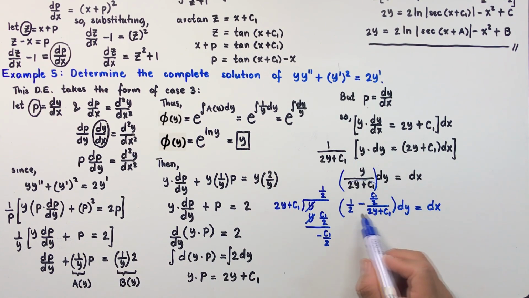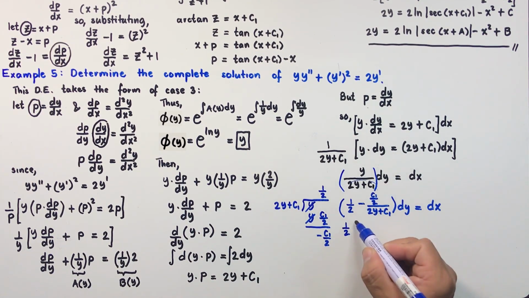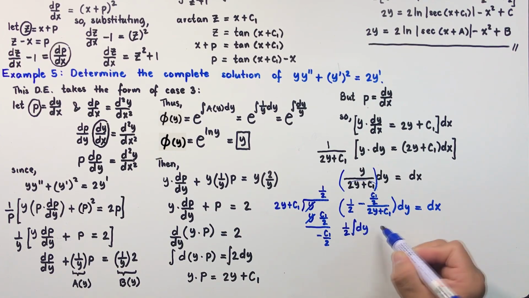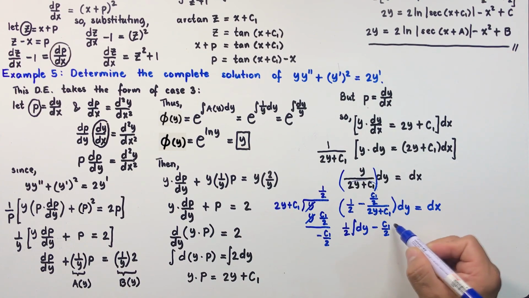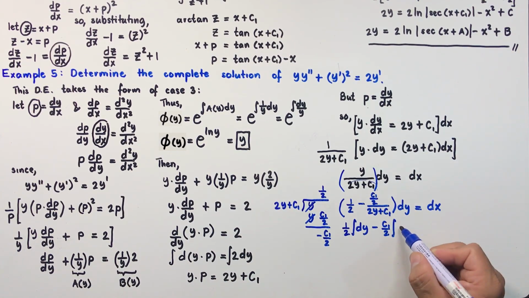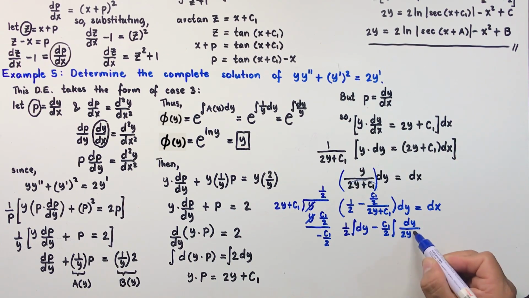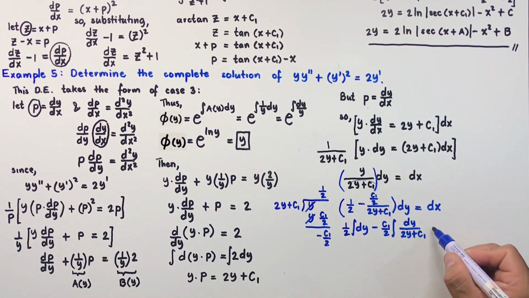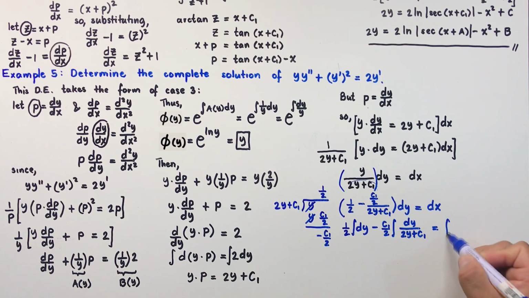So integrating each term in this equation, we have 1/2 times the integral of dy minus c sub 1 over 2 times the integral of dy over 2y plus c sub 1, and this is equal to the integral of dx.